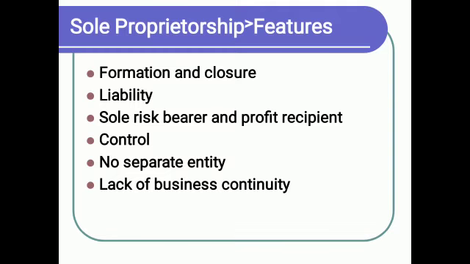Hardly any legal formalities are required to start a sole proprietary business, though in some cases one may require a license. Closure of the business can also be done very easily. So there is ease in formation as well as closure of business.